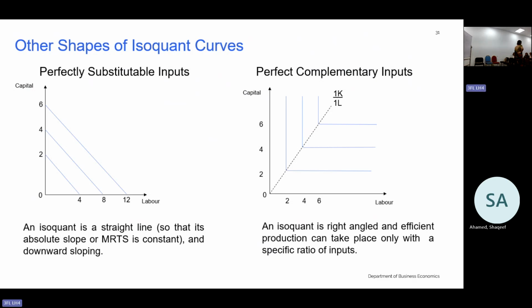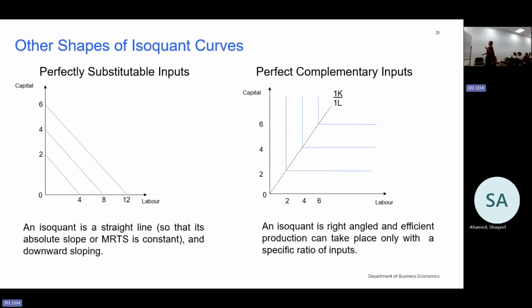Now you have labor and capital. Both are perfectly substituted. Either you can use labor or the capital. It doesn't matter. Perfect substitute.